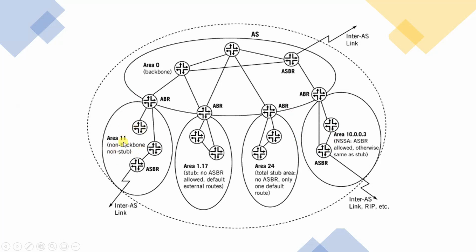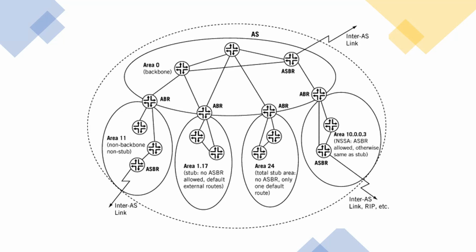For example, when a network is added in this area, the SPF algorithm is run only inside this area, and the database table is updated only in this area. The other routers do not participate in that process. This is the main advantage, and it limits the memory and storage problems.